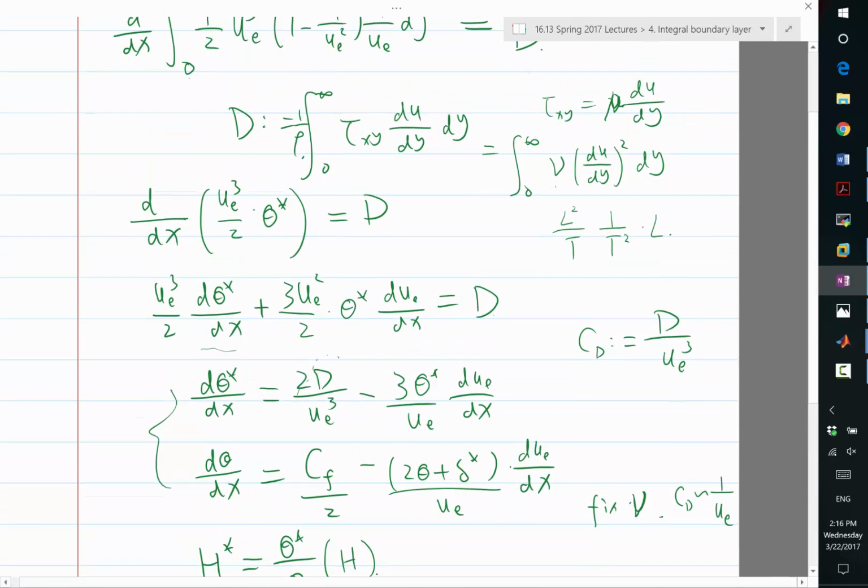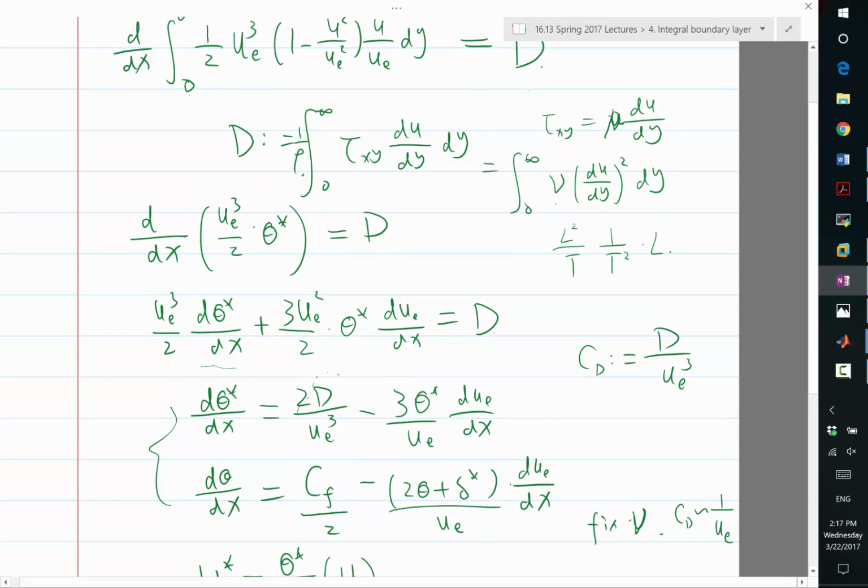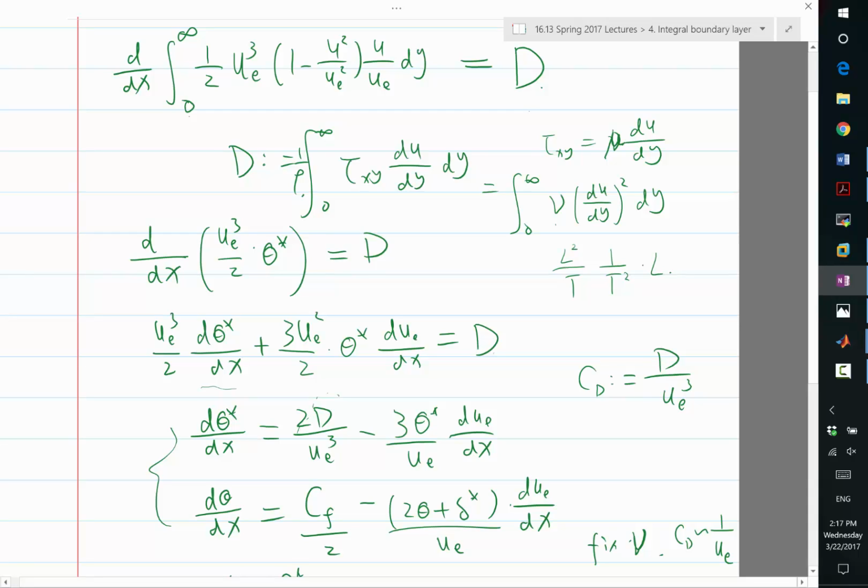And also, if you change the thickness of the boundary layer, so if you keep the same similarity profile and scale theta, scale the thickness of the boundary layer, how is the dissipation going to change?